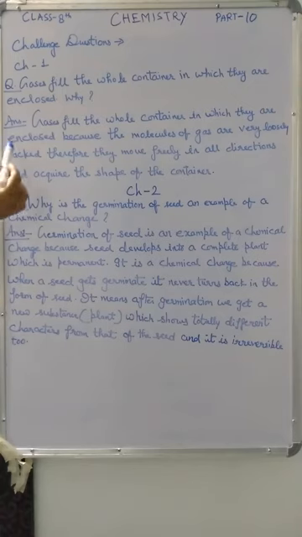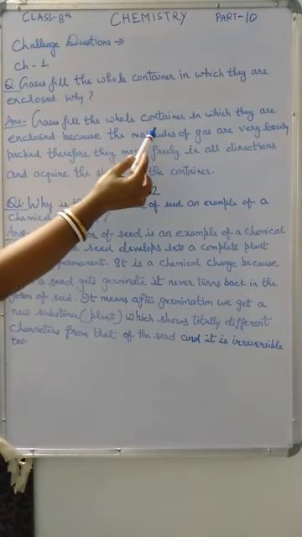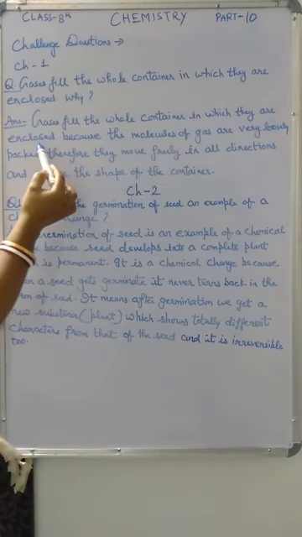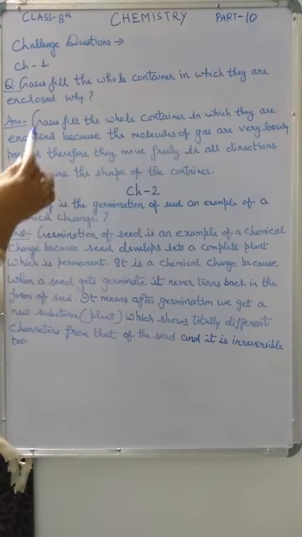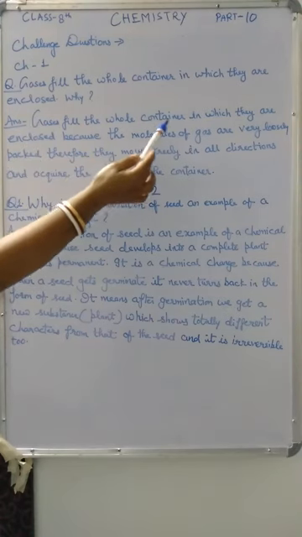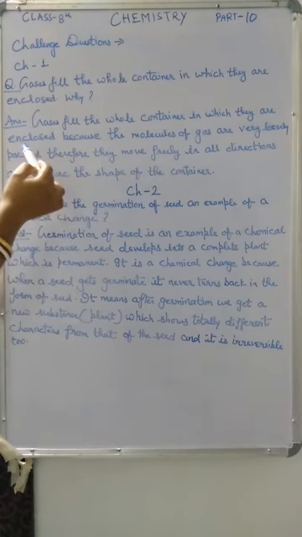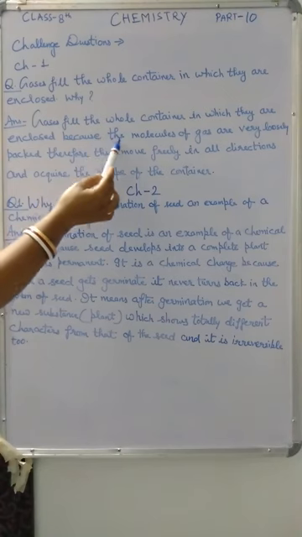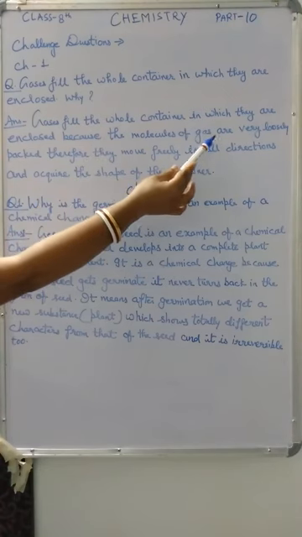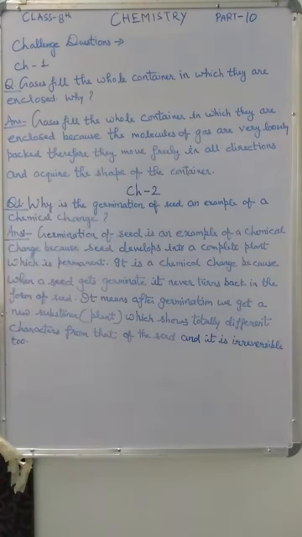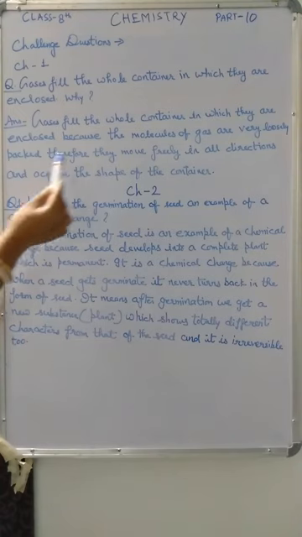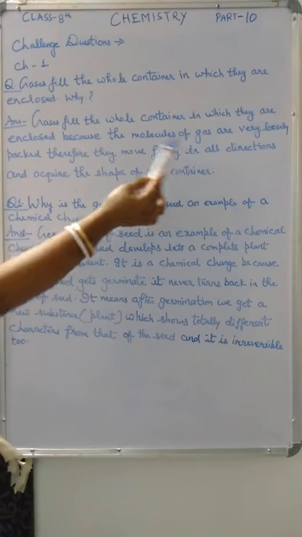So your answer is, gases fill the whole container in which they are enclosed or kept because the molecules of gas are very loosely packed. When I was explaining about the features of the gas molecules, I told you that the molecules of the gases are very loosely packed.